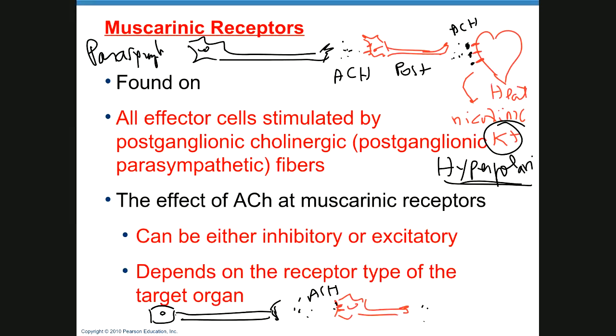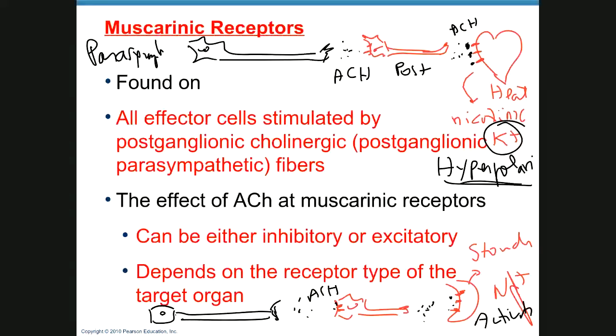But now it's going to secrete acetylcholine into the stomach. The muscarinic receptor in the stomach is a sodium channel, so that when acetylcholine binds to it, sodium channels open and the cell is depolarized and it activates the muscle and we begin to digest.